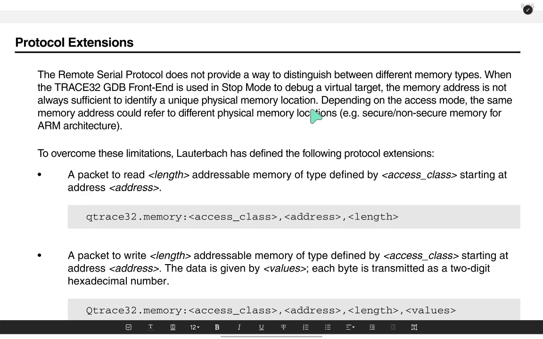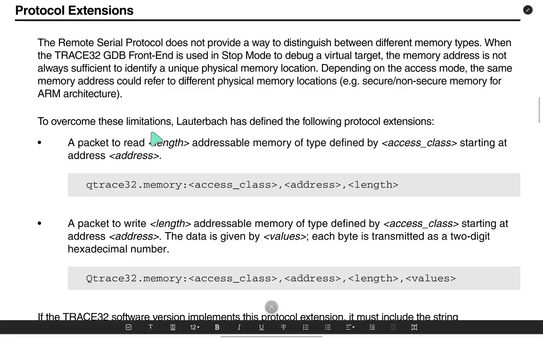Depending on the access mode, the same memory address could refer to different physical memory locations. For example, secure and non-secure memory for the ARM architecture.